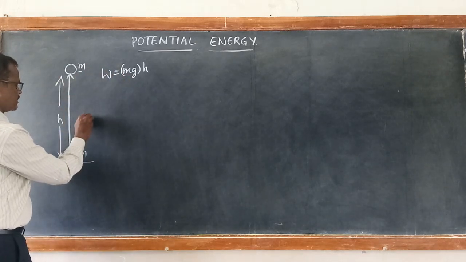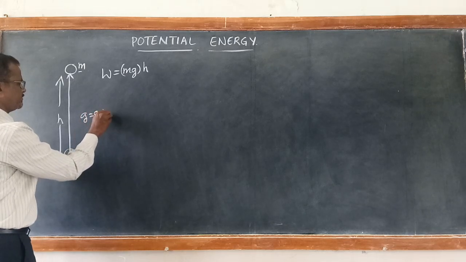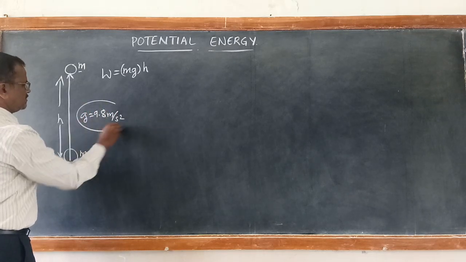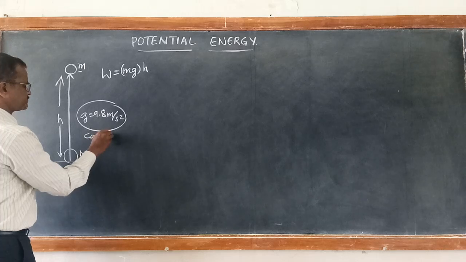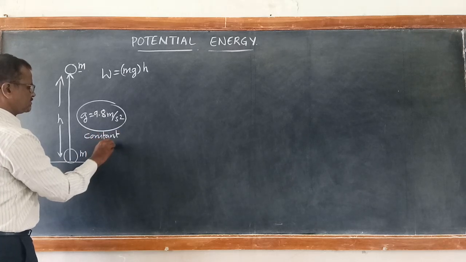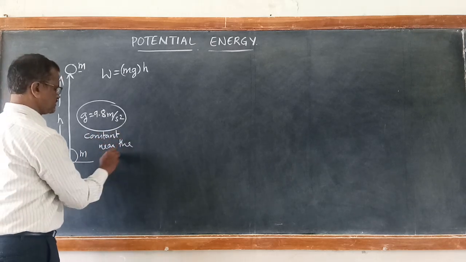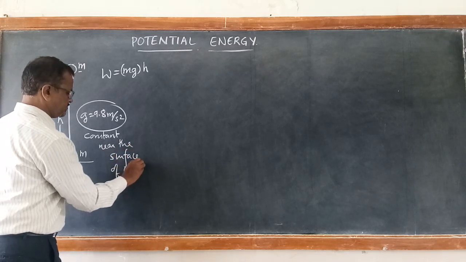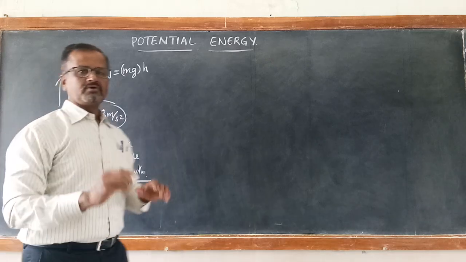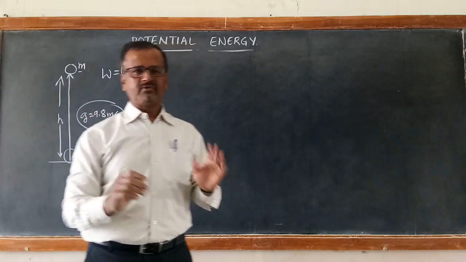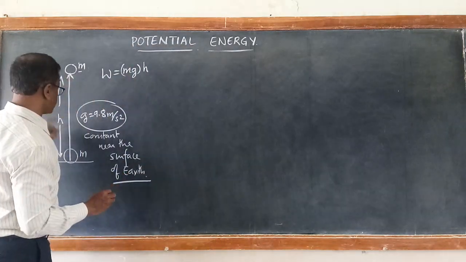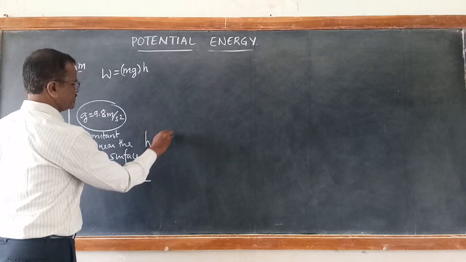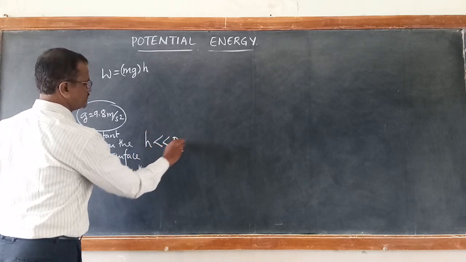The acceleration due to gravity, we take as 9.8 meter per second square, constant near the surface of Earth. Near the surface of Earth means for ordinary heights, for h which is very much less compared to the radius of Earth.